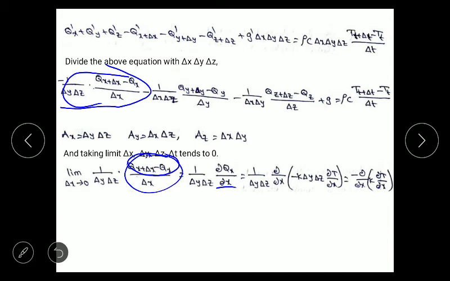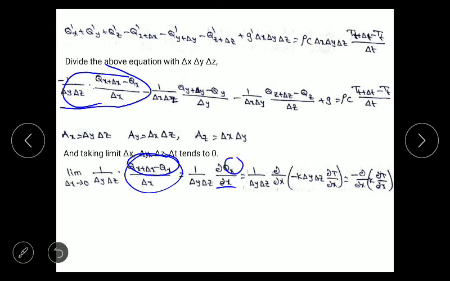So dou qx by dou x is the change when delta x tends to 0. So the equation will become 1 by delta y into delta z into dou qx divided by dou x. From Fourier's law, which we already discussed in our last video, q is equal to minus k a dt by dx. Substitute that q in place of qx.